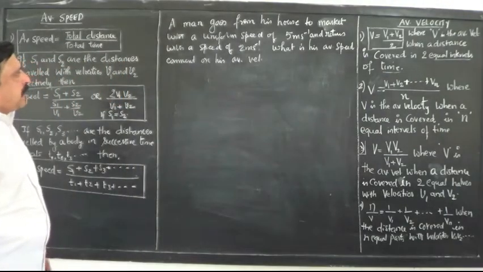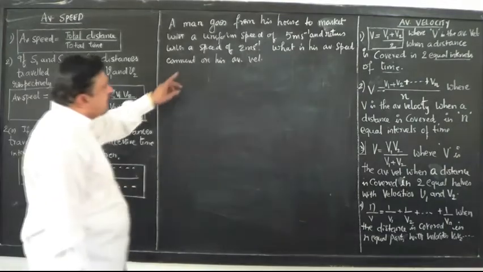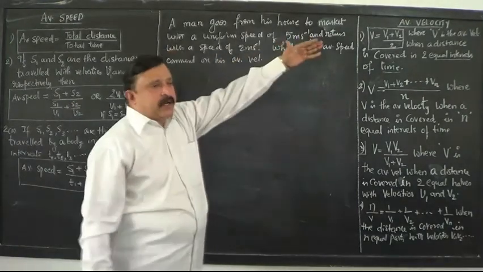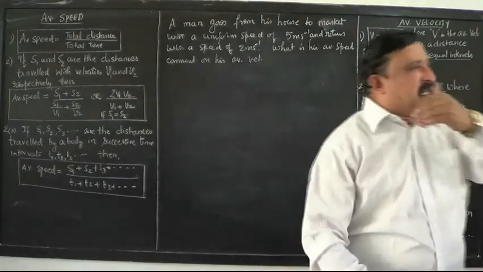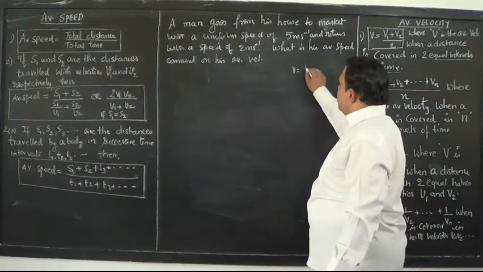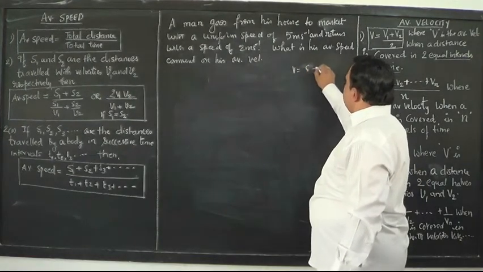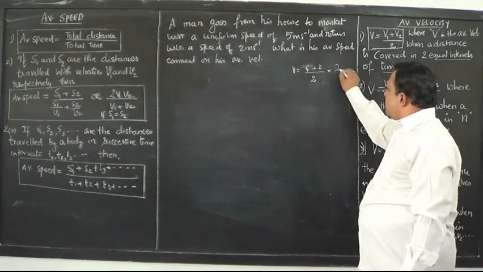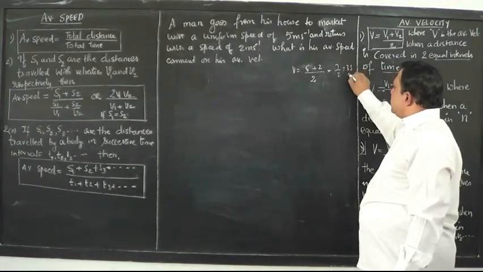Many people will get confused to arrive at the answer. While going he is going with a speed of 5 meters per second, while coming he is coming at a speed of 2 meters per second. So average speed is 5 plus 2 over 2, that is 7 over 2, that is equal to 3.5 meters per second.